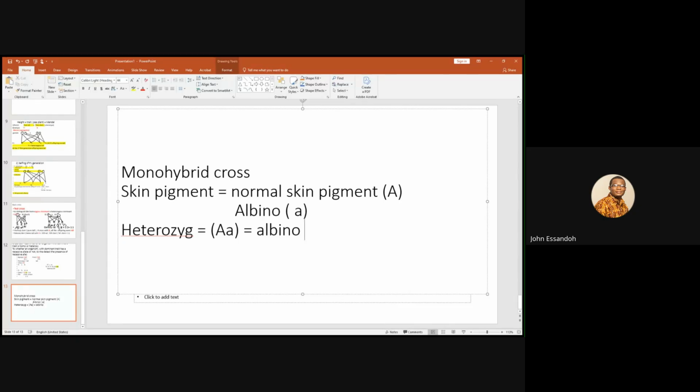They will have normal skin, but we say they are carriers. They will not show the trait, but they are carriers.